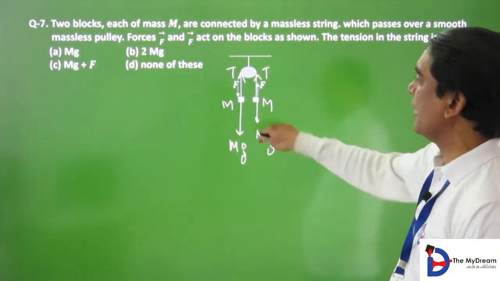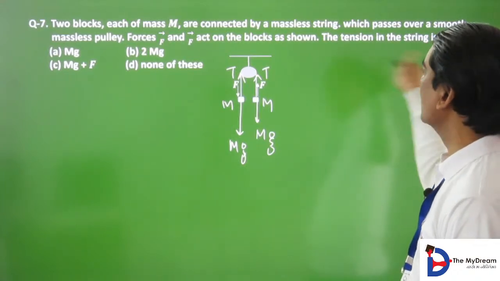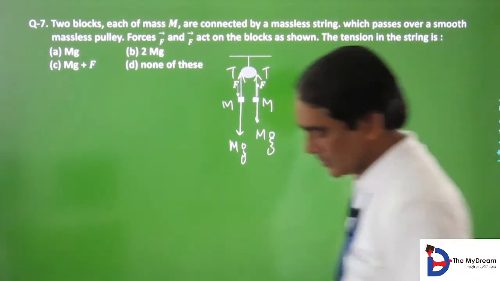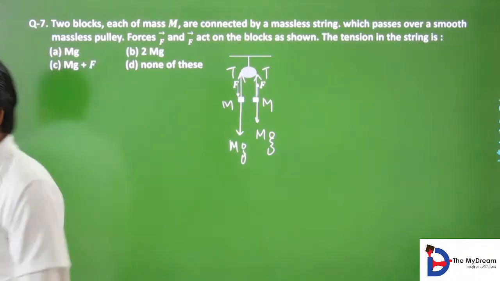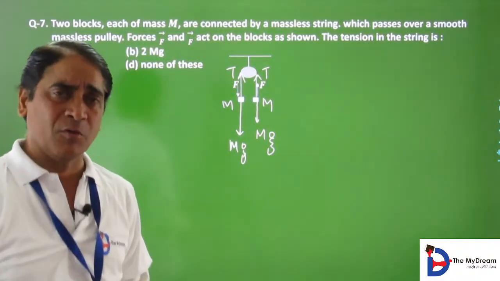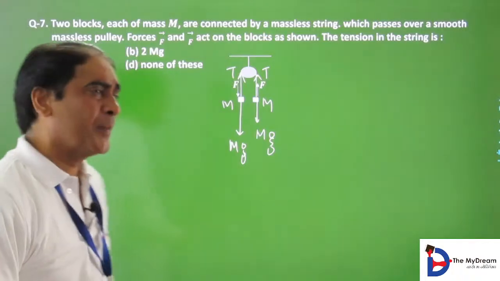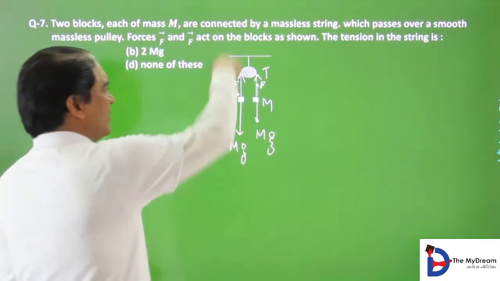The forces F and F act on the blocks as shown in the figure. But the direction of the capital F force here is different. This one is downward and this one is upward.